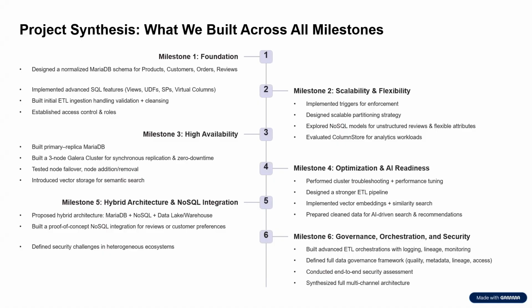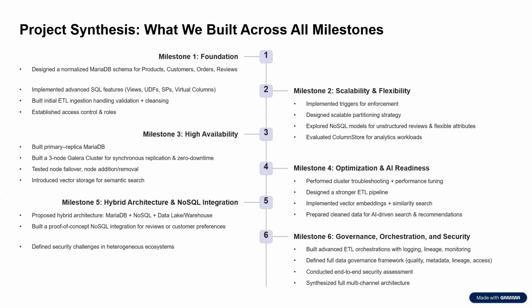Now, coming to what we built across all the milestones. This milestone ties together everything we built from milestone 1 to 5, which includes schema design, triggers, partitioning, replication, clustering, vector embeddings, NoSQL, then hybrid architecture, and now orchestration, governance, and security.